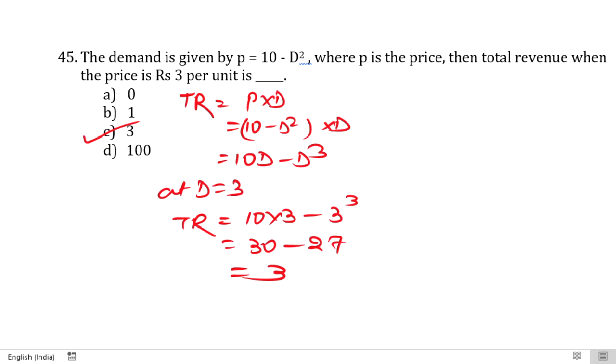If you remember the formula well, it will take not less than 30 seconds to 45 seconds to solve a particular question. You should not be wasting time on trying to recall the formula. The more time you devote to recalling the formula, the more time it is going to take for solving the question.